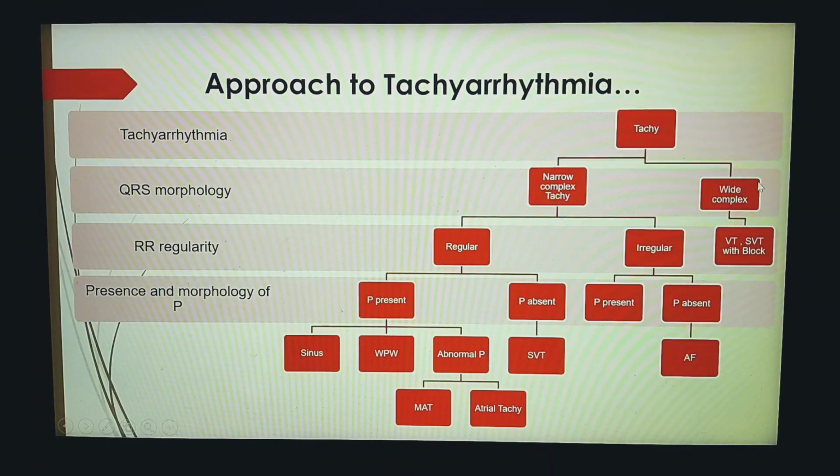If wide complex, the differential is supraventricular tachycardia with heart block, or ventricular tachycardia. If narrow complex with irregular RR and P absent, that is simply atrial fibrillation. If narrow complex but regular, and P is absent, that is supraventricular tachycardia.